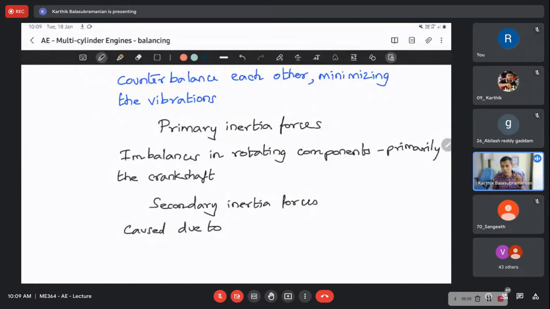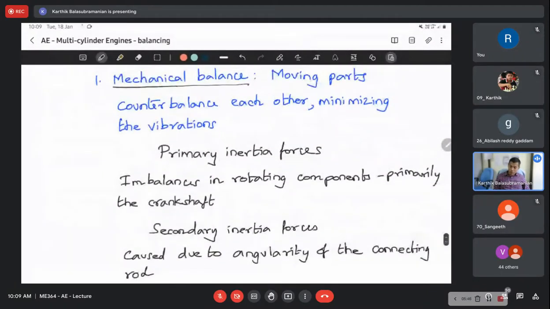The secondary inertia forces, the imbalance is caused due to the angularity of the connecting rod. We will discuss how that is. Right? So that talks about mechanical balance. In mechanical balance, you have primary inertia forces and secondary inertia forces.